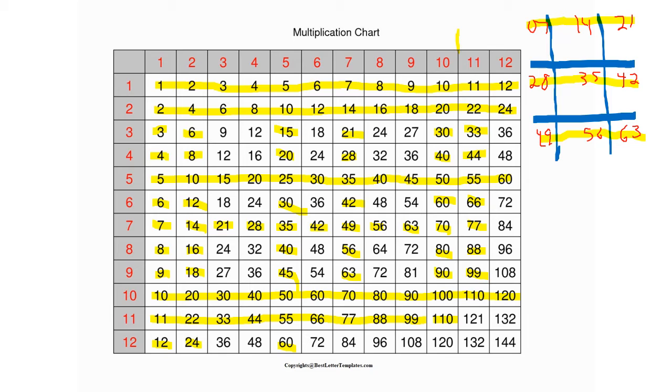We also had a trick for our 8s. On 8s, remember, we can just go 0, 1, 2, 3, 4, 4, 5, 6, 7, 8.